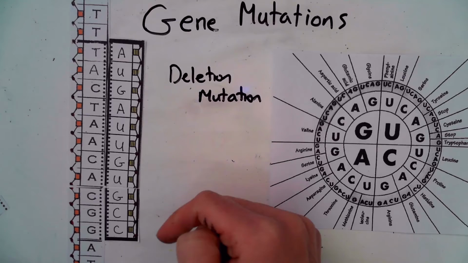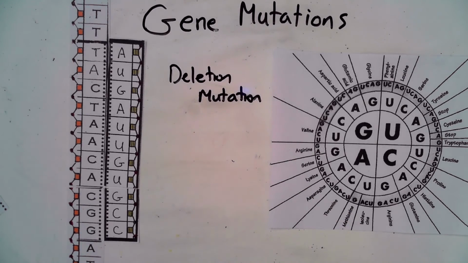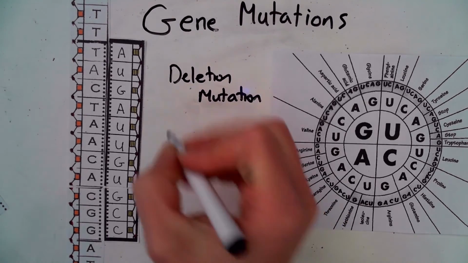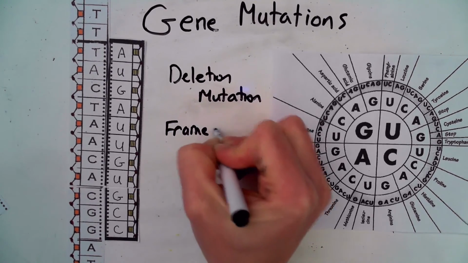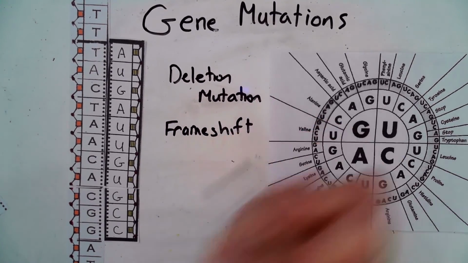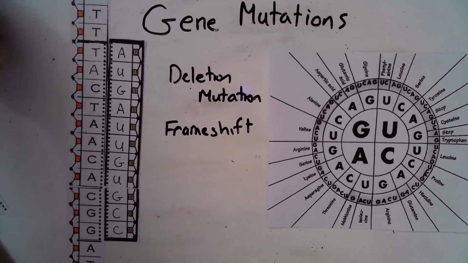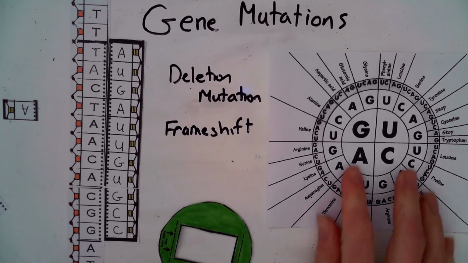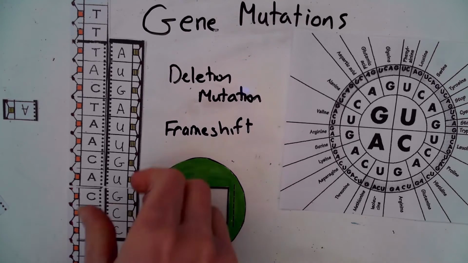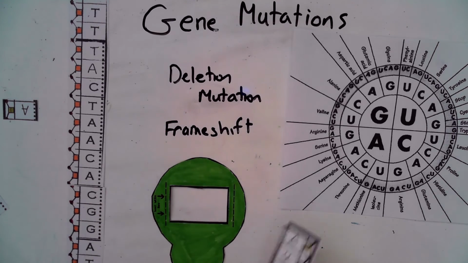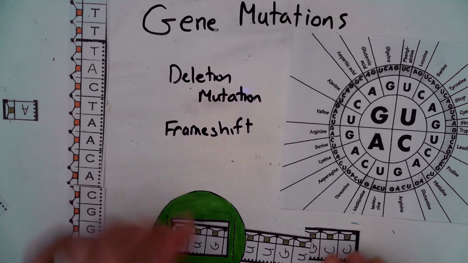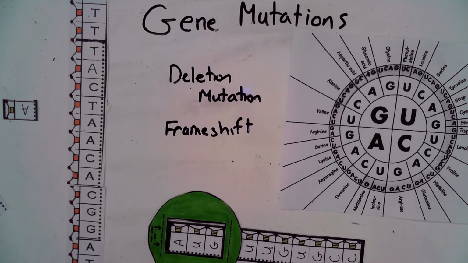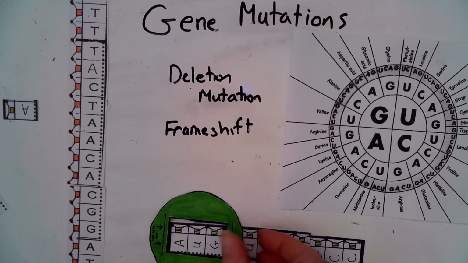And what we have caused now is it's not only a deletion mutation, but it's also going to result in a frame shift. And what I mean by that is that when the ribosome reads this mRNA, the first one is read, it's going to code for the same amino acid as it did before.